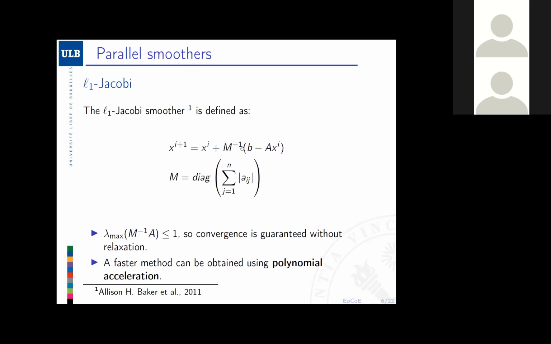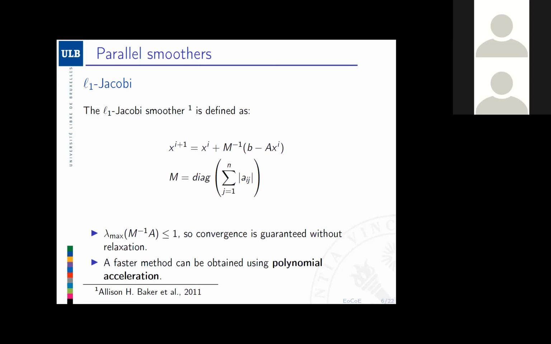We can also see that there is no relaxation factor. With this method, convergence is always guaranteed without any kind of relaxation, which means that the maximal value of the eigenvalues is smaller than 1. This will be used in the next slide.